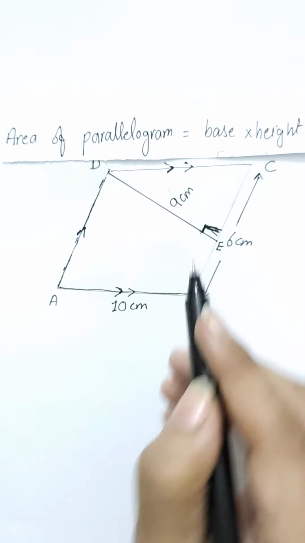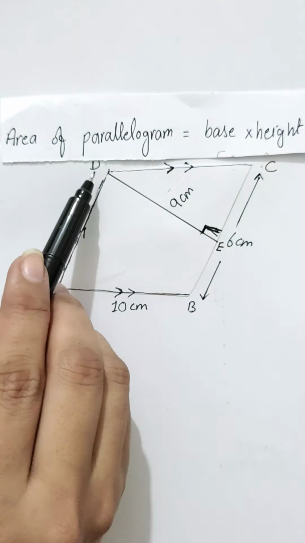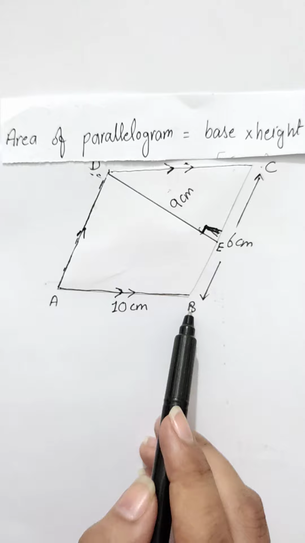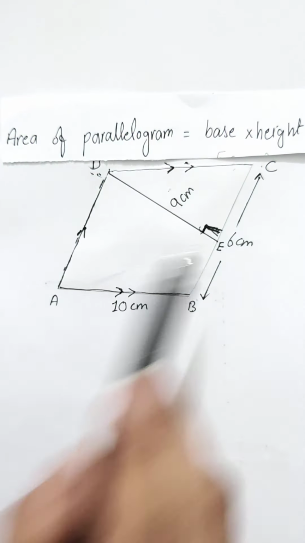So it makes a 90-degree angle with the side BC. This length DE is 9 centimeter. The side DE makes a 90-degree angle with this side BC, so this is the base and this will be the height.